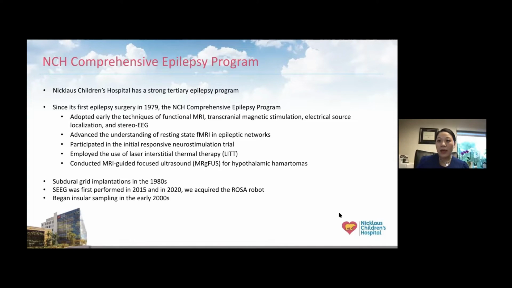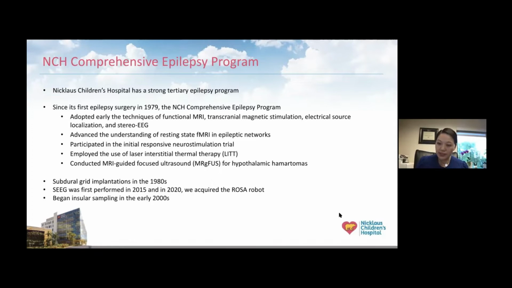It was also the program that first started performing subdural grid implantations in the early 1980s. And we first performed SEEGs in this program in 2015. And later in 2020, we acquired the ROSA robot.